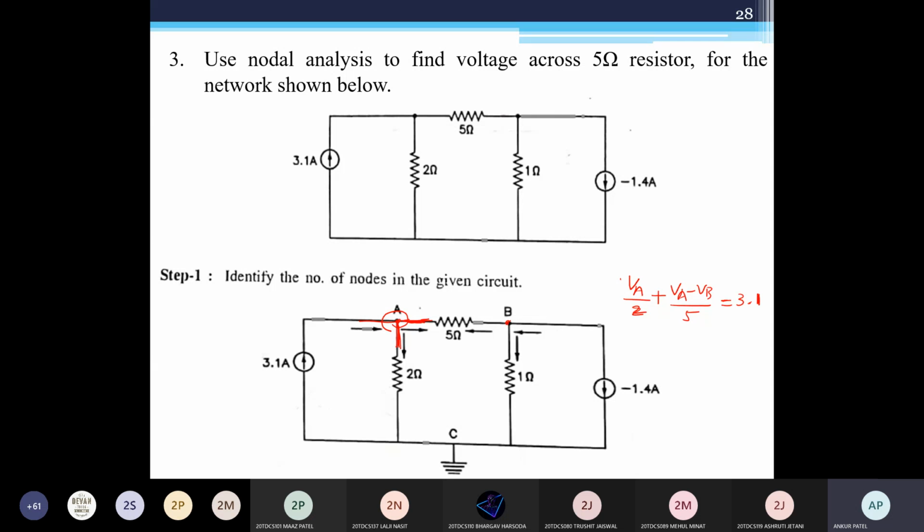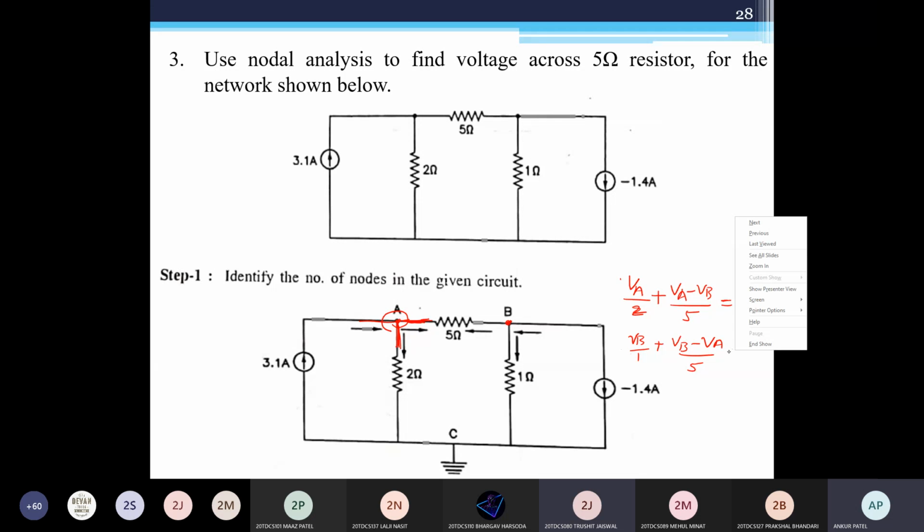Then for node B, what is your equation? VB by 1 plus (VB minus VA) by 5, because we assume the direction outward, equal to plus 1.4.